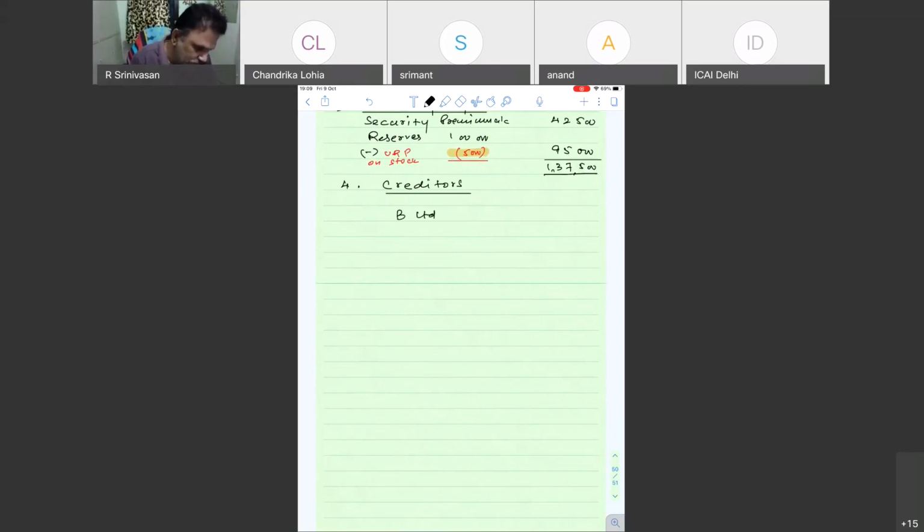D Limited how much? 1,50,000, total minus mutual debt. How much is mutual debt? 20%.